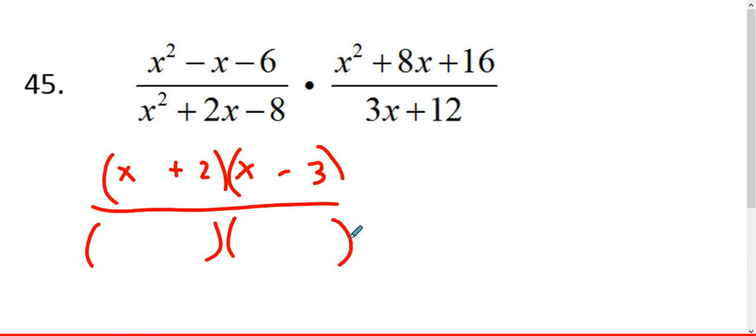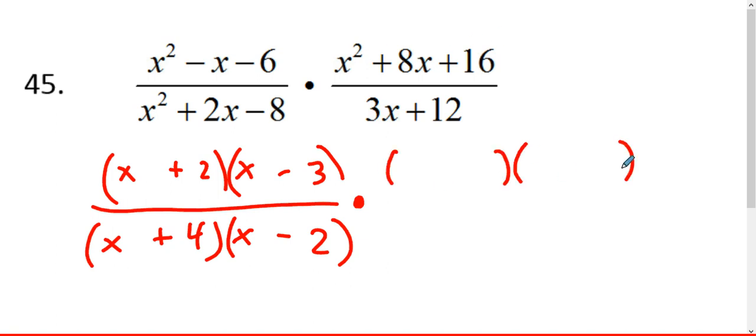For our denominator, multiply to be 8, add to be 2, that's 4 and 2. We get a positive 2, it's positive 4 and negative 2. Multiply to be 16, add to be 8, that's 4 and 4. Both positive.